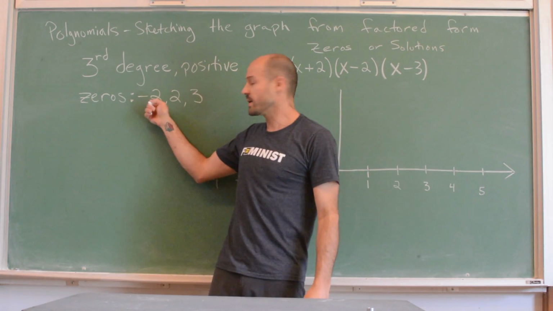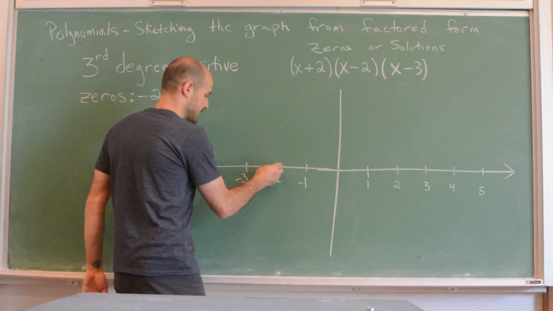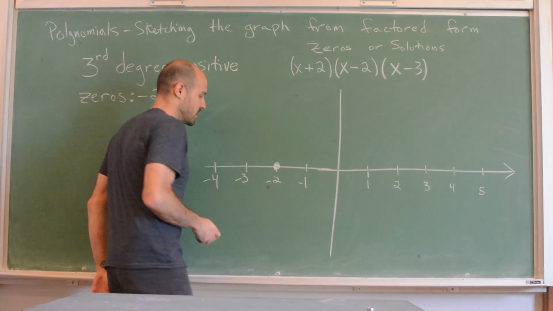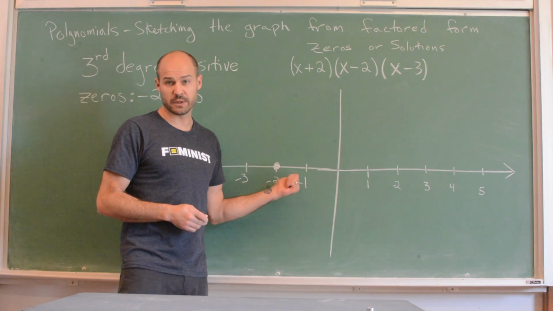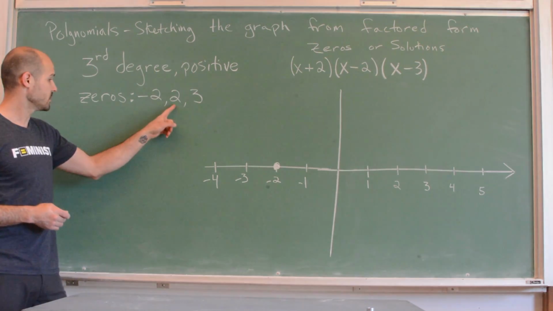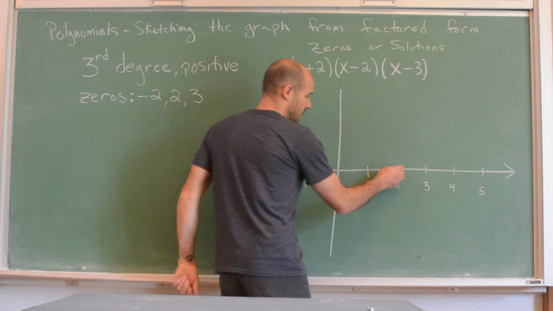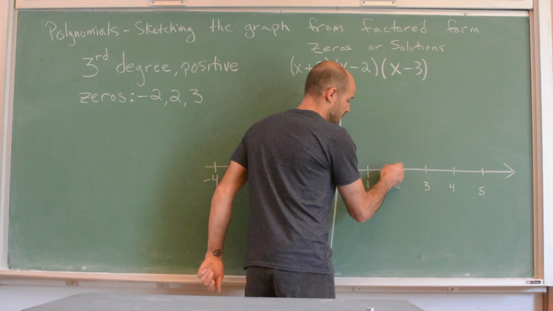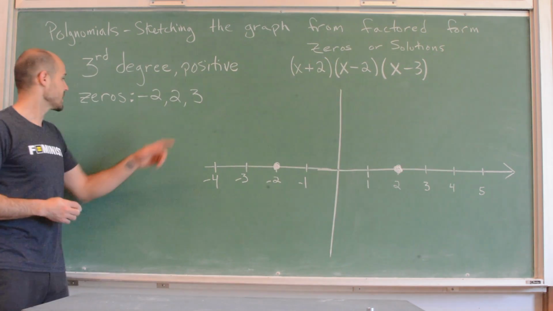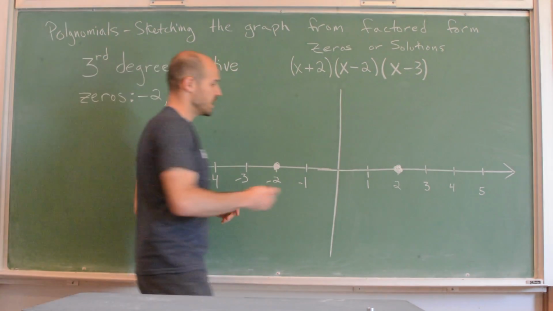We put a point at negative 2 on the x-axis. That's one of our zeros of our polynomial. We're going to put a point where x equals positive 2 on our x-axis. And we're going to put a point where x equals positive 3 on our x-axis.